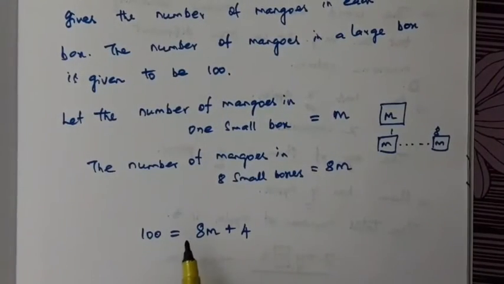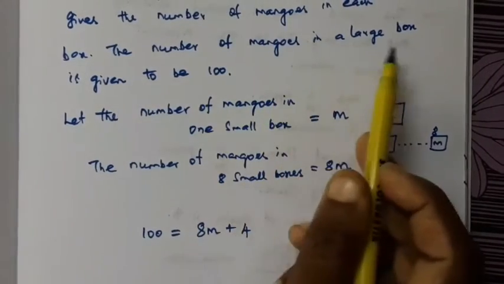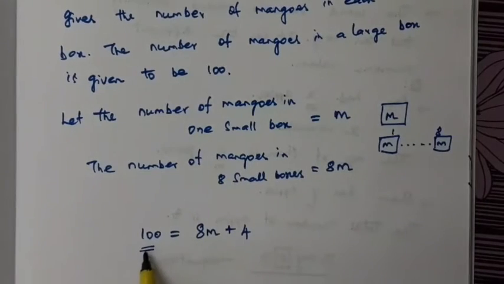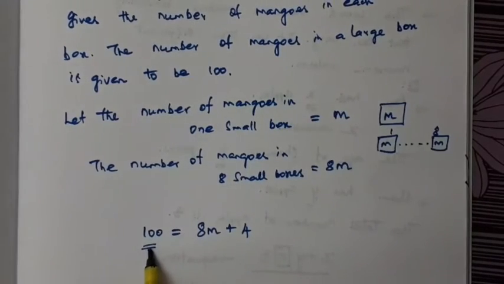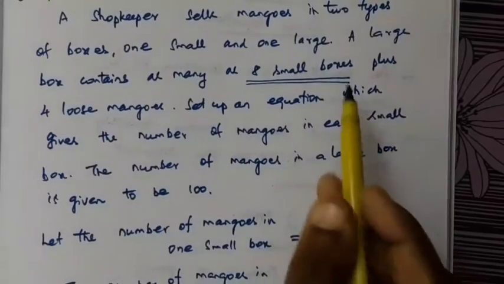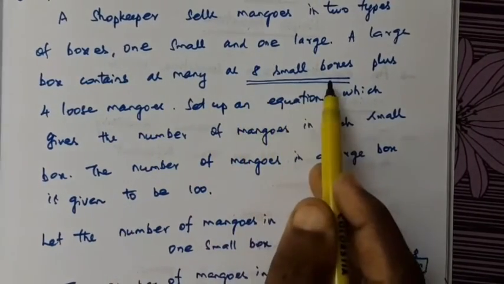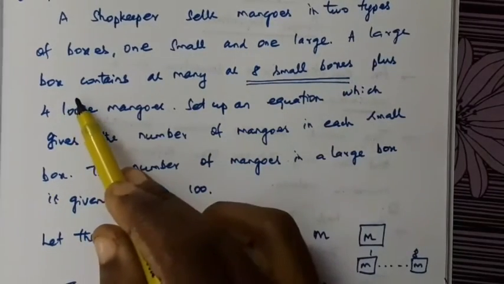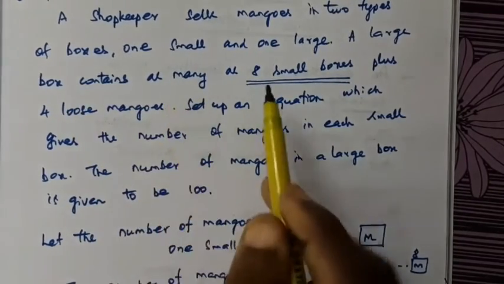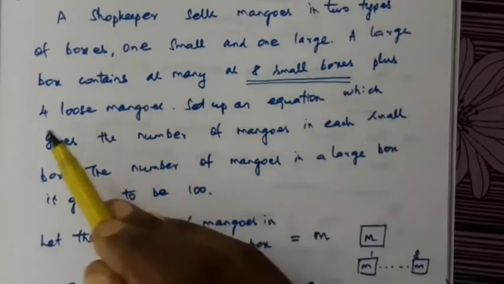So here I am repeating, the number of mangoes in a large box is 100. The equation is, a large box contains as many as 8 small boxes. So a large box, which is 100, should be equal to 8 small boxes plus 4 loose mangoes.